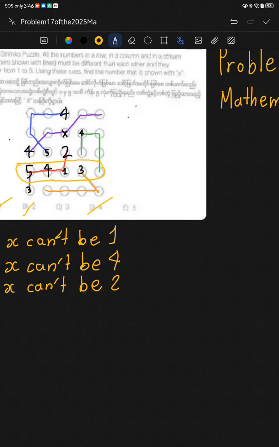So the numbers are 5, 4, 1, 3. The only number that is left is 2, free for this spot here. See, all the numbers are different. This 2 can be put here.